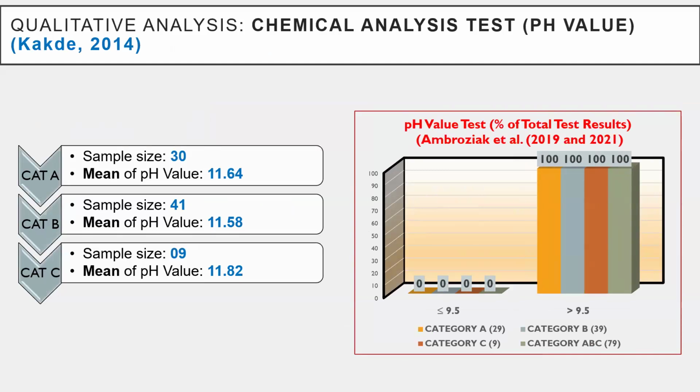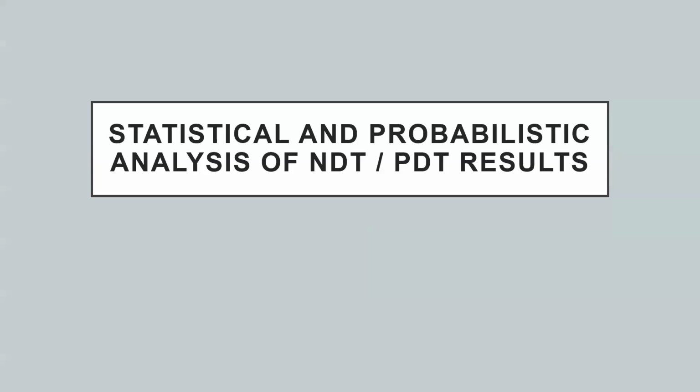These references say that for existing buildings, if the pH of the pore solution is greater than 9.5, then a very good alkaline environment is maintained inside the concrete. Based on this reference, we have found that 100% of the locations have a pH value much more than 9.5.